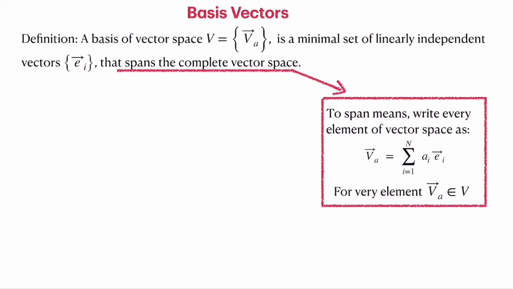That means any arbitrary vector v can be expressed as a sum, i from 1 to n, of some coefficient a_i times a basis vector e_i. This should happen for every element of the vector space.